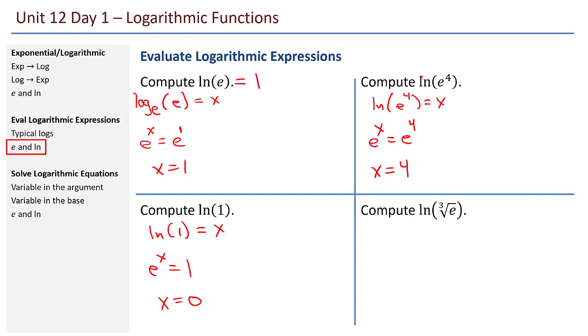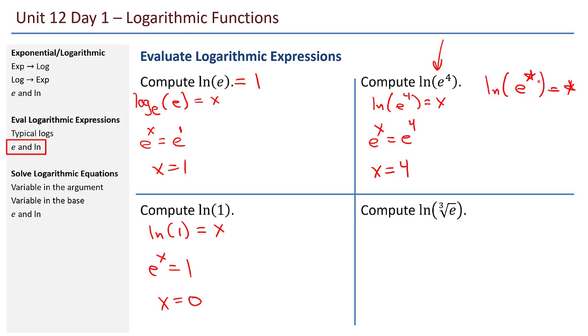This problem sets up a nice general statement that we can use often. The natural log of e to the anything, that answer is going to be that anything again. This is because natural log and e are inverse functions.